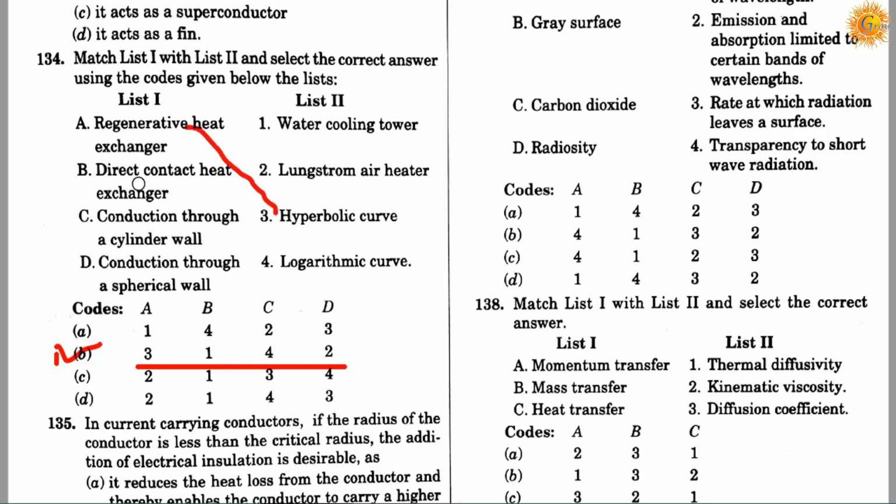The second, a direct contact heat exchanger, belongs to 1, it means water cooling tower. And C, the conduction through a cylinder wall, is connected to 4, it means it will be a logarithmic curve. And D, conduction through a spherical wall, will be connected to 2, it means Ljungstrom air heater.